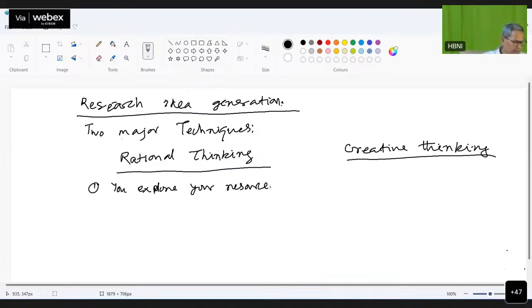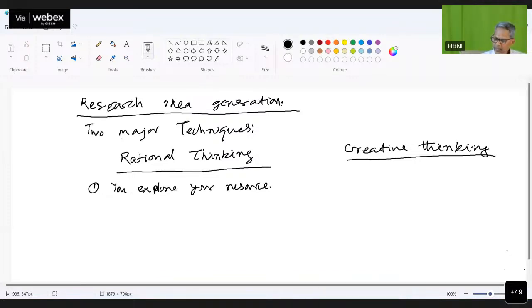So you may get a research idea from your resource, your self-interest, or when somebody has impressed you and you want to do research on that, or your guide has suggested that this is a good topic you can work on. This is what is called exploring your resource in case of rational thinking.